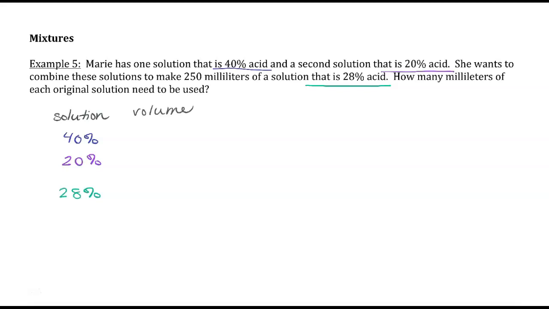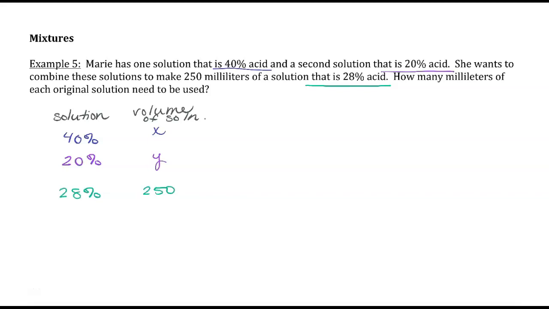We don't know how much of the 40% acid she's going to need, so let's call that X. We also don't know how much of the 20% acid she's going to need, so we'll call that Y. But we do know that she wants to end up with 250 milliliters of the 28% solution.